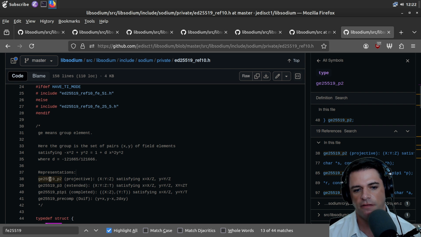So GE25519P2 is the projective representation. It has 3 coordinates, satisfying the constraint that little x equals big X over z, and little y equals big Y over z. So why do that?